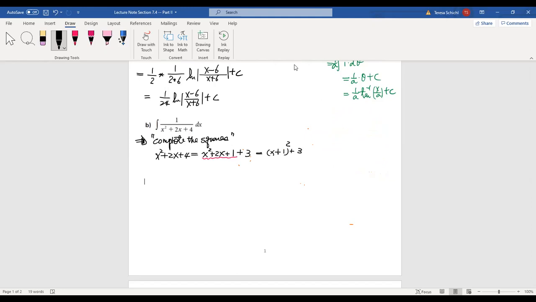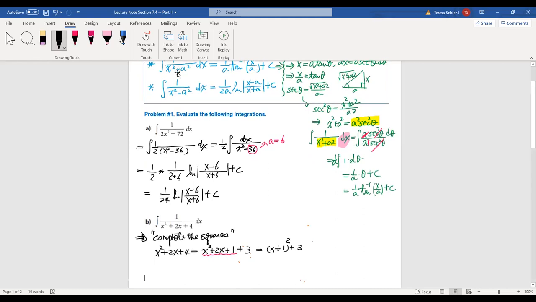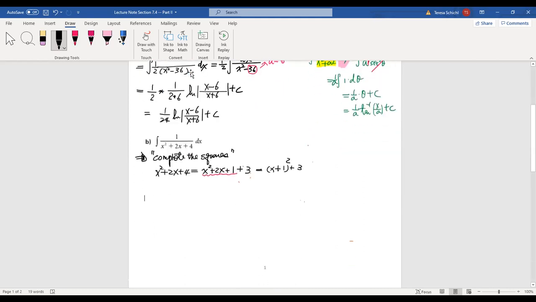So it's very similar to the formula we have, x squared plus a squared. So a squared is this term, right? So what is my a here? The a is the square root of 3, right?